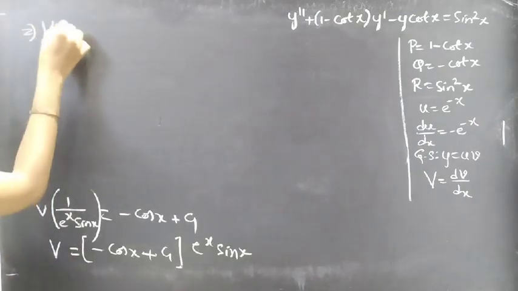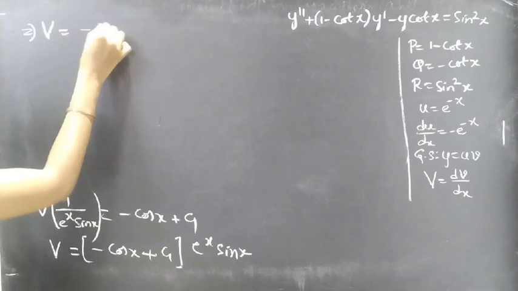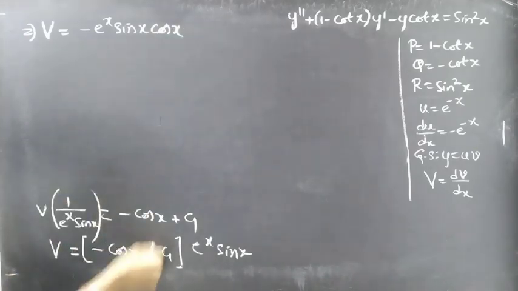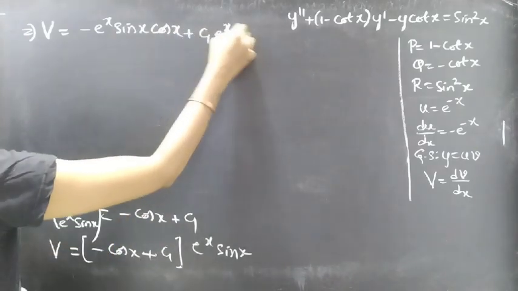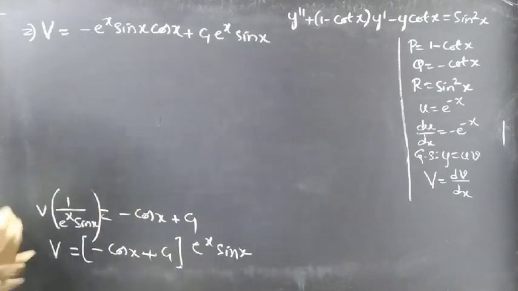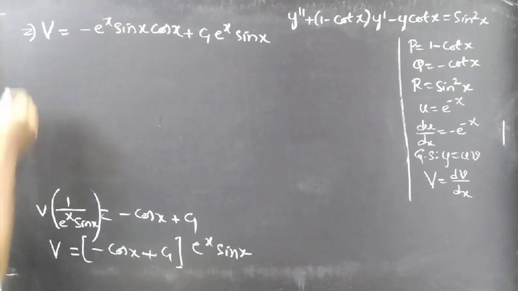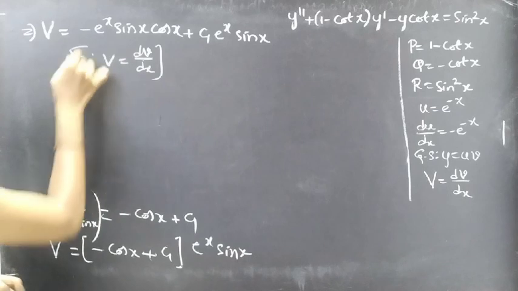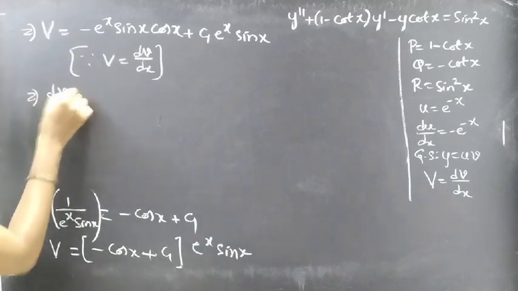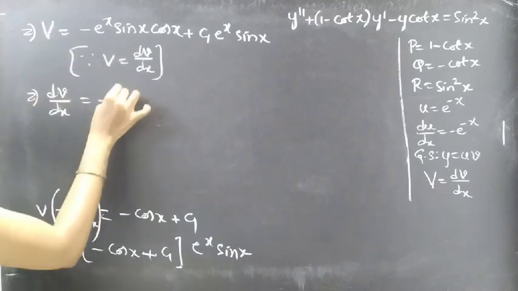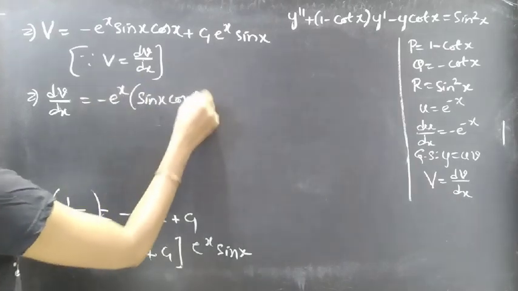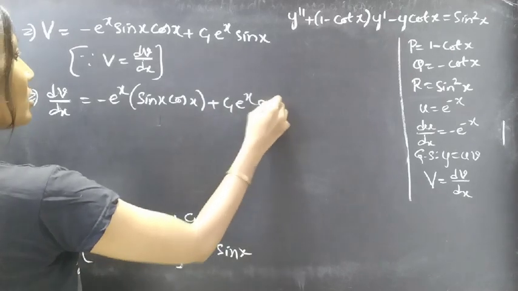Then v equals minus e power x sin x into cos x plus c1 e power x sin x. So we got v. Since v equals dv by dx, we'll replace capital V with dv by dx, equals minus e power x into sin x cos x plus c1 e power x sin x.